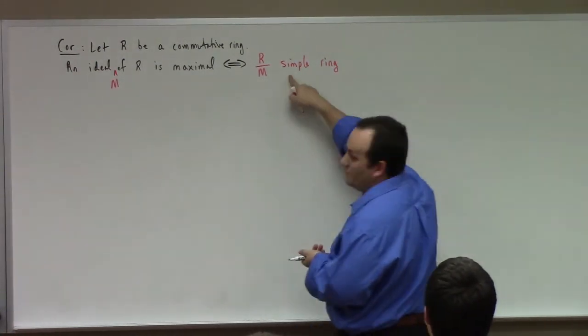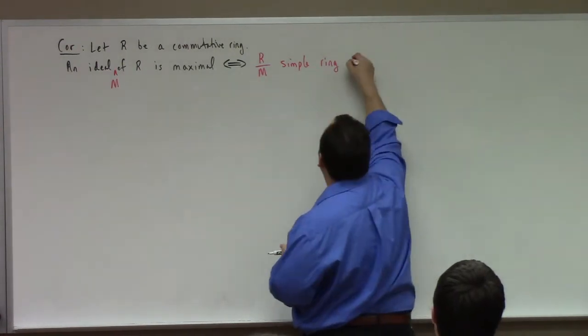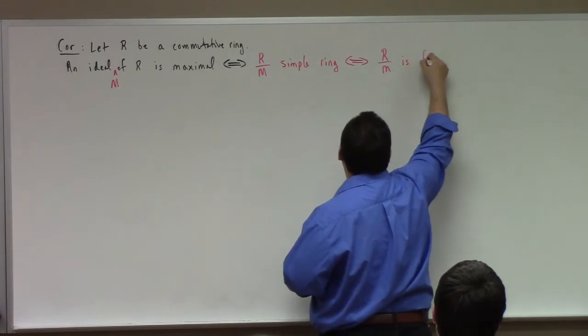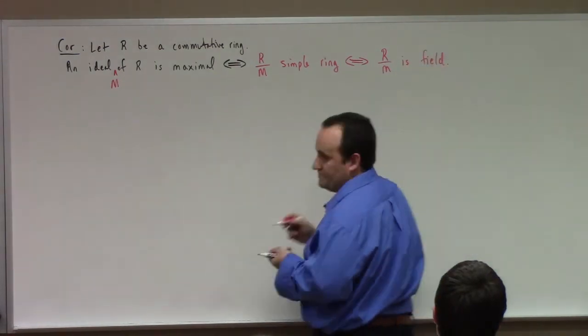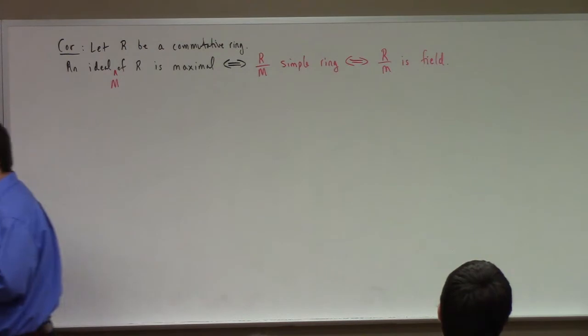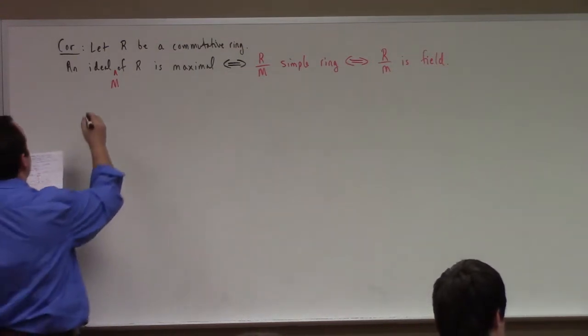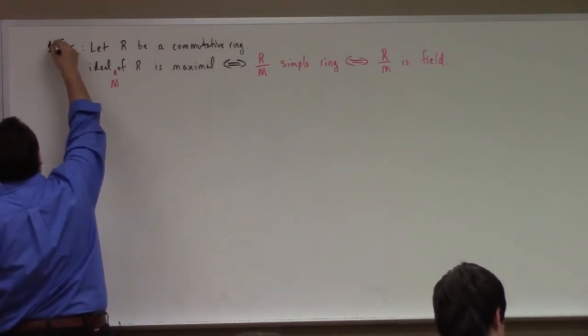But we have from our previous work last lecture that that's if and only if what? A field, right? Which is what I'm really after here. So it's basically combining theorem 3 with the fact that a field is an integral domain. Okay, anyway, corollary 2. It's corollary 1, I suppose.